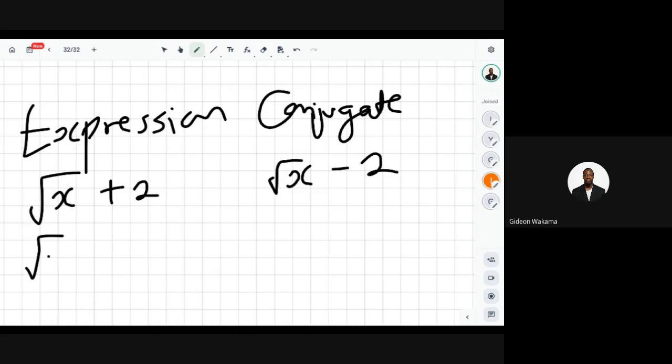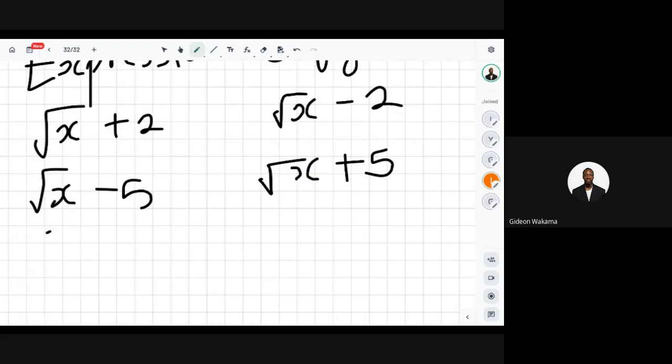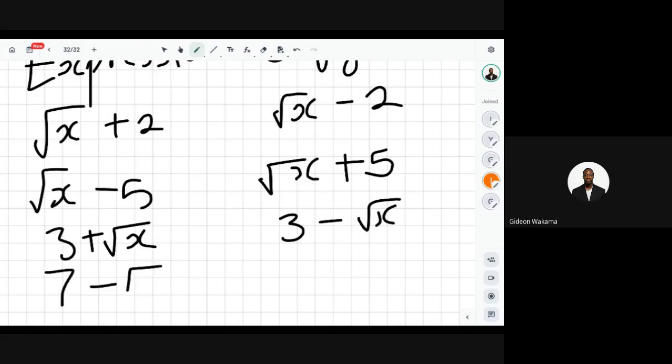If I have root x minus 5, my conjugate will be root x plus 5. If I have 3 plus root x, my conjugate will be what? 3 minus root x. If I have 7 minus root x, my conjugate will be what? 7 plus root x.